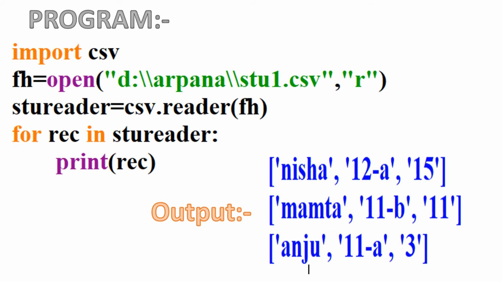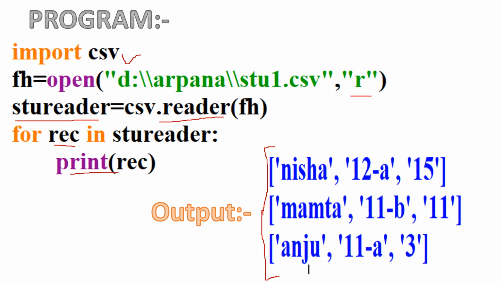And if you have written a file with the code from the previous slide and you open the file and read it normally as you read a CSV file, that is, import csv, open the file in read mode, use the reader function to read all the data and store it in some variable, say stureader, and using a for loop you print the details, you will see no extra newline character between the different lines.